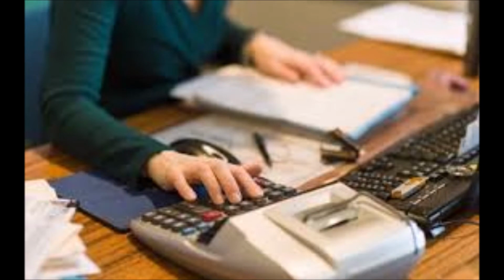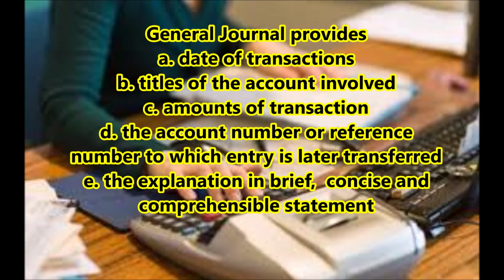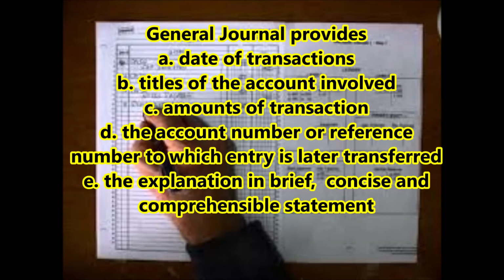And for each transaction, the general journal provides spaces for the recording of the following information: the date of the transaction, the titles of the accounts involved, the amount or amounts of the transaction, the account number or reference numbers to which the entry is later transferred, and the explanation in brief but concise and comprehensible statement.